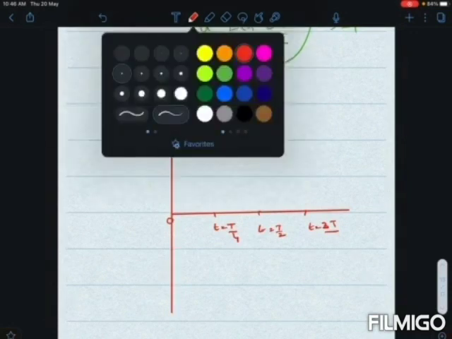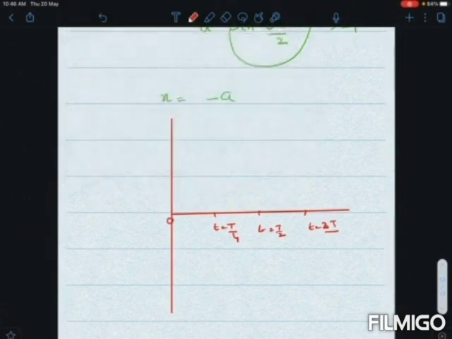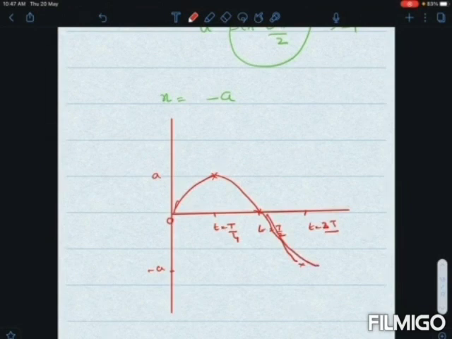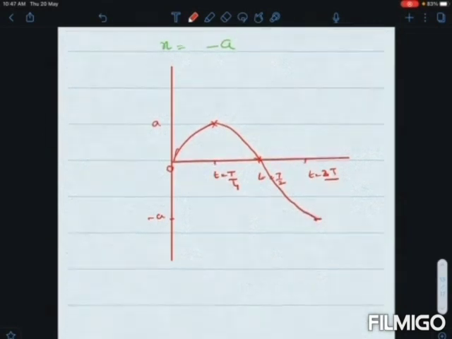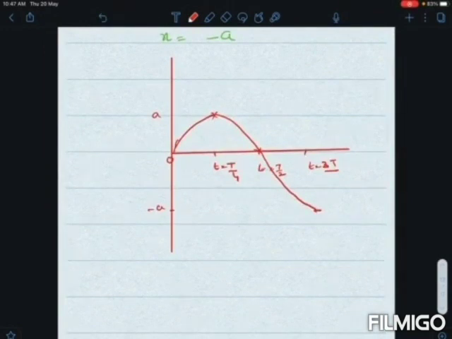We can see that the graph is maximum here, if it is A. Then here it is minimum, then here again it is minus A.